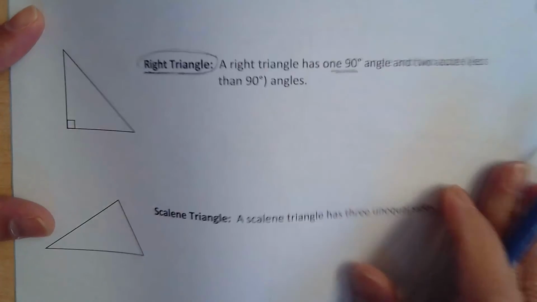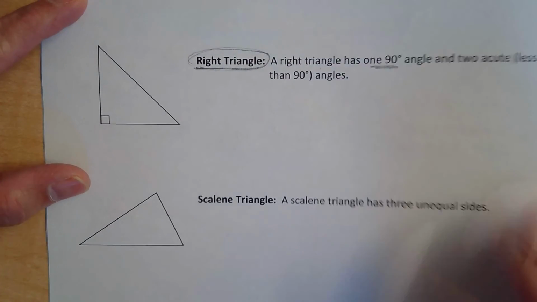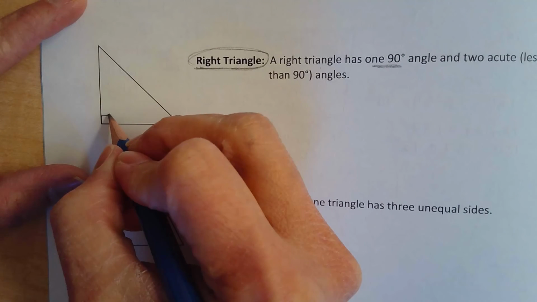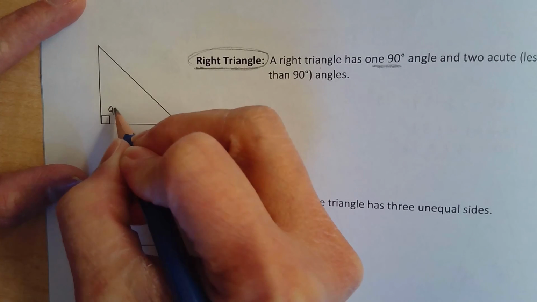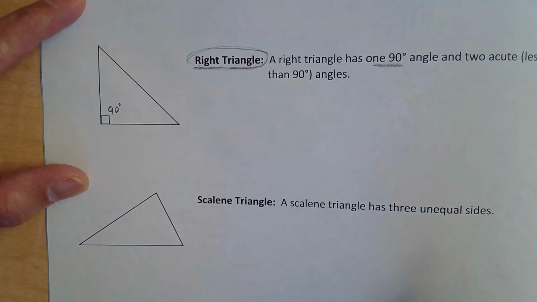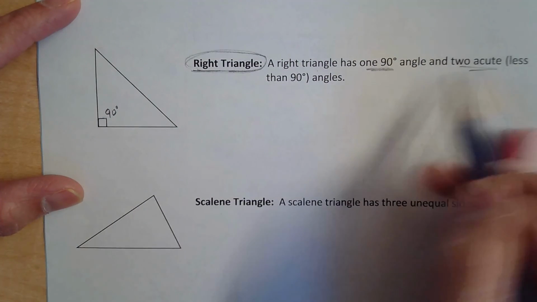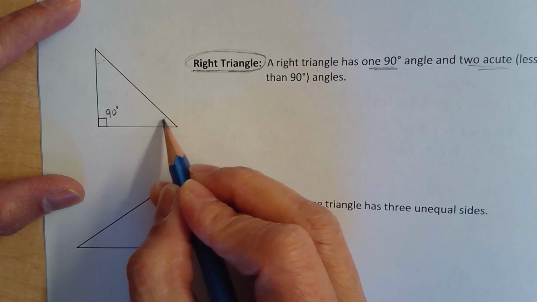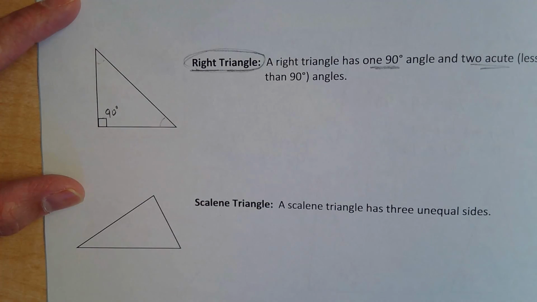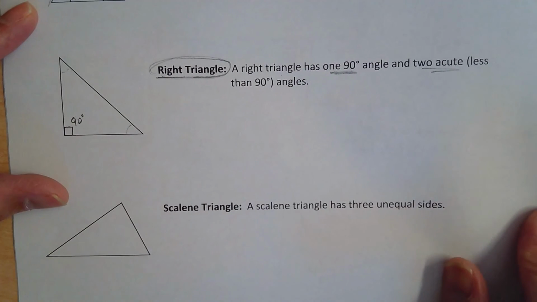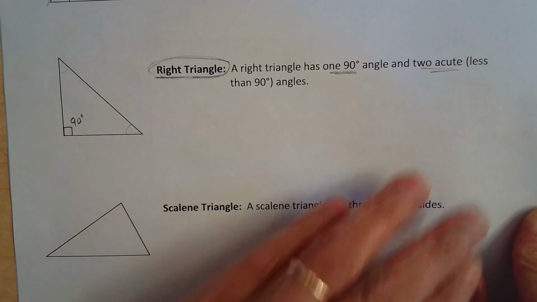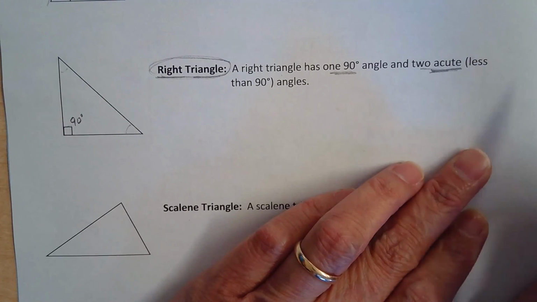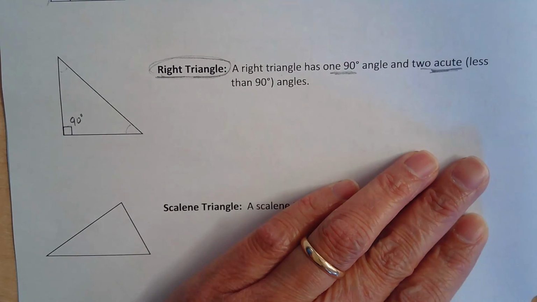Where's the 90-degree angle? It's where this square is. That's the 90-degree angle. And then two acute angles. So these angles over here are all acute. Acute means smaller than 90 degrees.